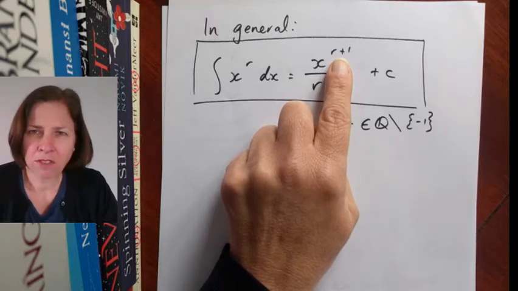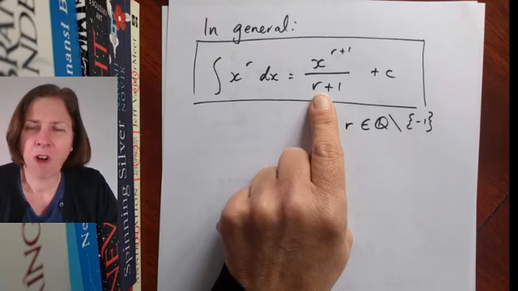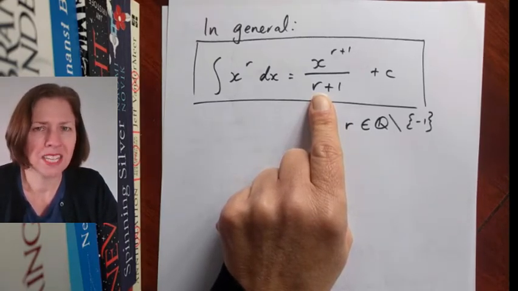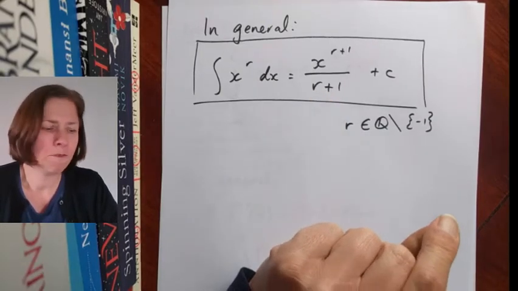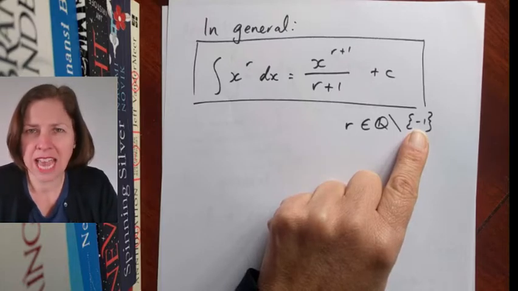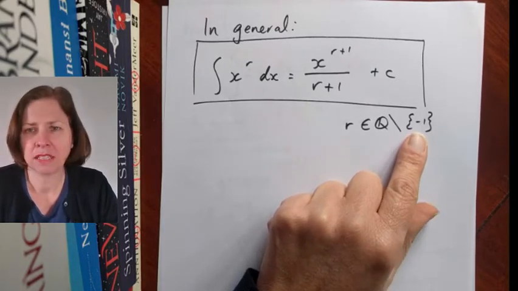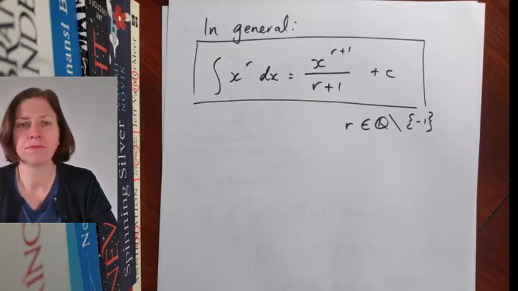Now, x to the power of 0, that's not a problem. That's just 1. But then I need to divide by that new power, by 0. That I can't do. Now, that doesn't mean that I can't find an antiderivative when r is negative 1. I can, and we'll see how to do that in the next section, but I have a different technique to do that.